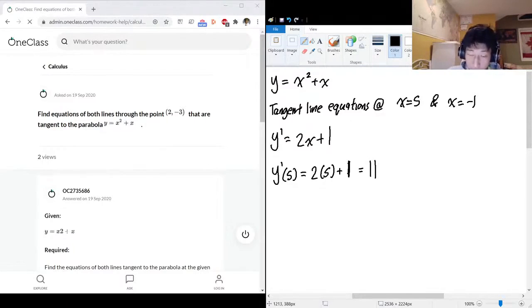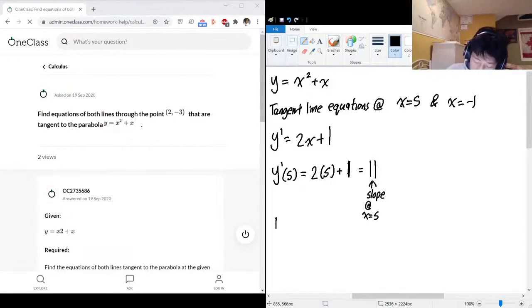Beautiful. So we know that's the slope at x equals 5.